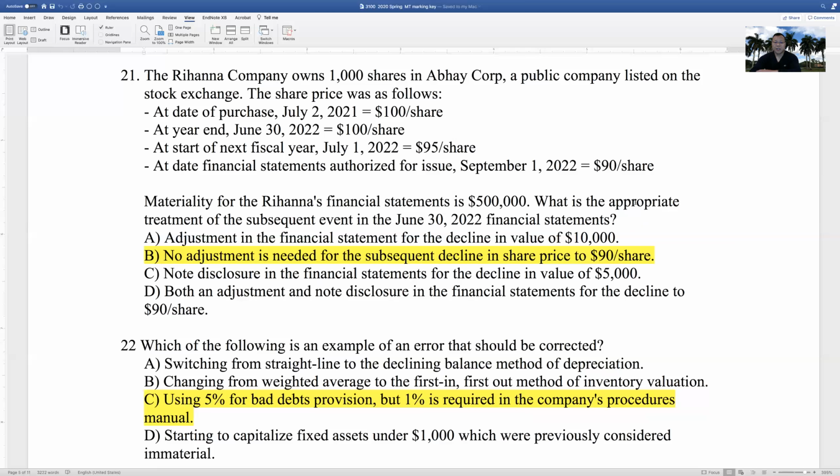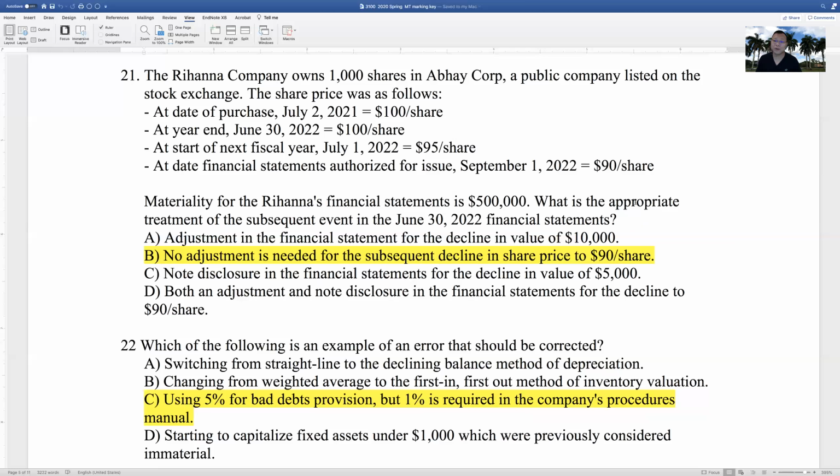So for the note disclosure, okay, is this price change significant? On September 1st, 2022, the share price is $90. So compared to the year end, June 30th, 2022, every share lost $10. And there are 1,000 shares.